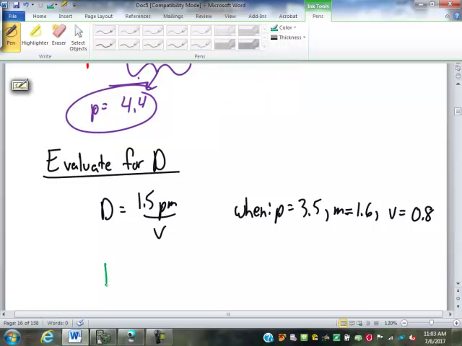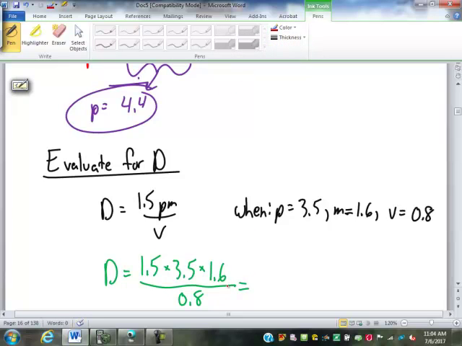What am I going to do here? Start replacing. Okay, so what does it look like? 1.5 times, we replace P with 3.5, yep. And then M will be 1.6, so times 1.6, we replace M with the 1.6. And then on the bottom we have to replace V with 0.8. So we place 0.8 on bottom, there we go.